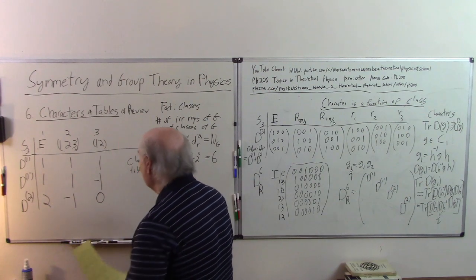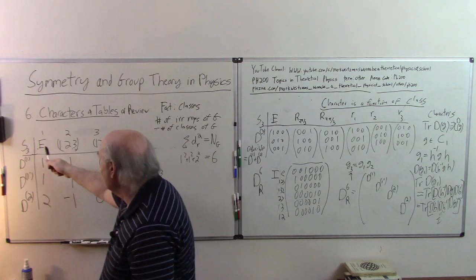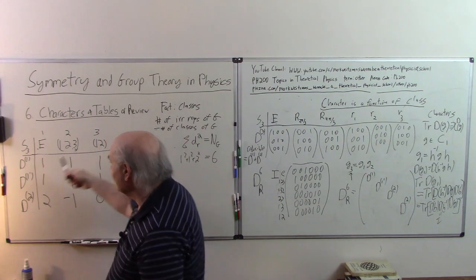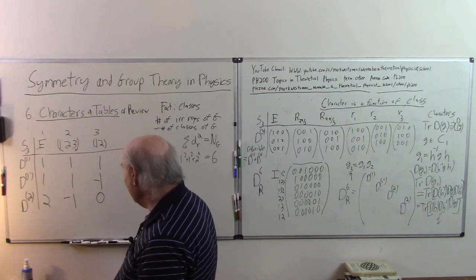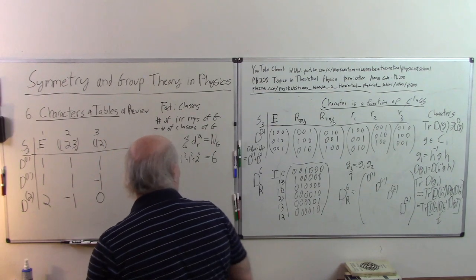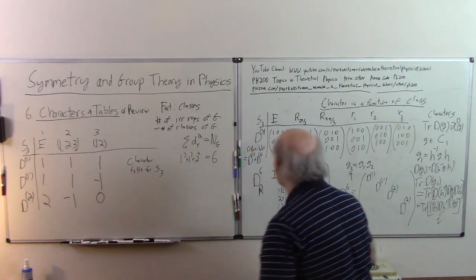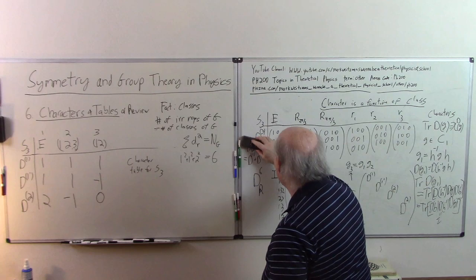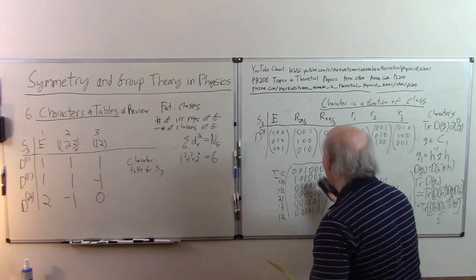Now, notice it's square because, as I said before, the number of classes is equal to the number of irreducible representations. Now, I can, if I want, take characters of reducible representations, and I will right now.